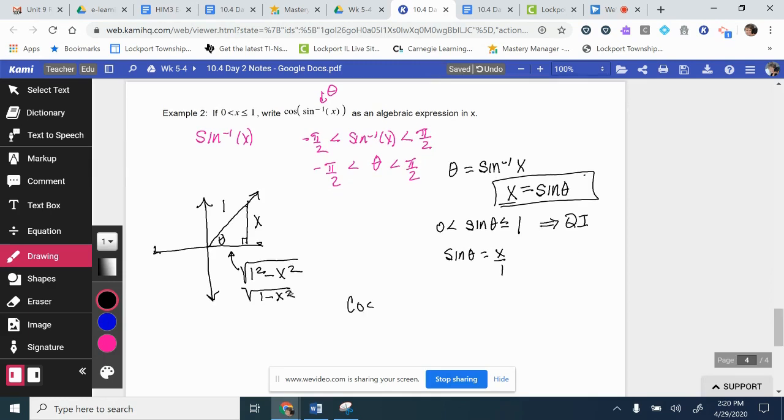Therefore, the cosine of the arcsine of x is just going to be my side adjacent over my hypotenuse, and we probably wouldn't write the 1 as the denominator. We would just write it like this. Kind of fun. This is a little preview of something that you will see in calculus when we start working with derivatives of our inverse trig functions.